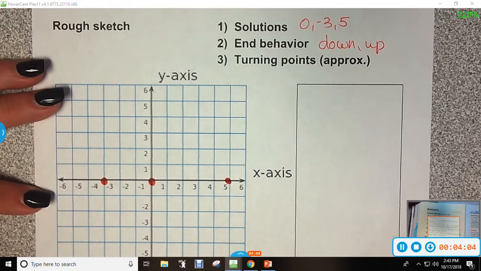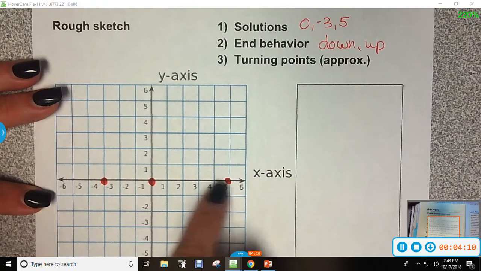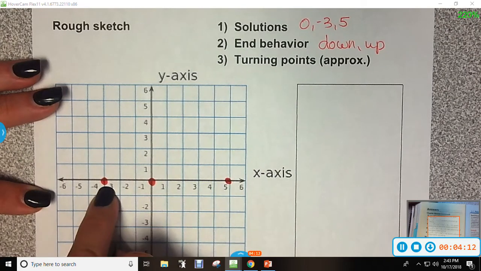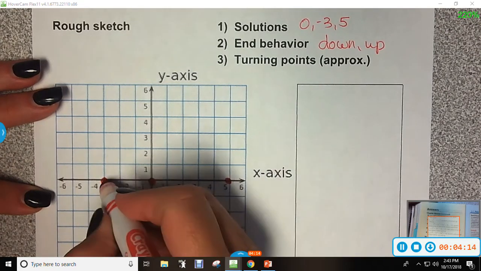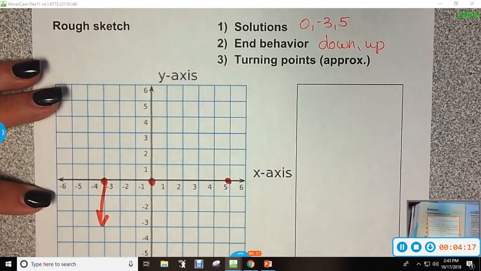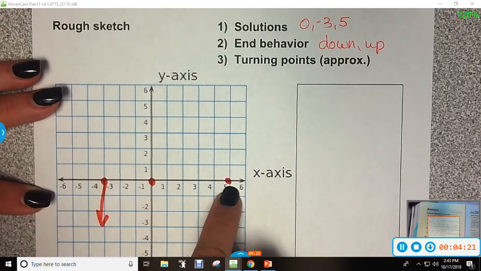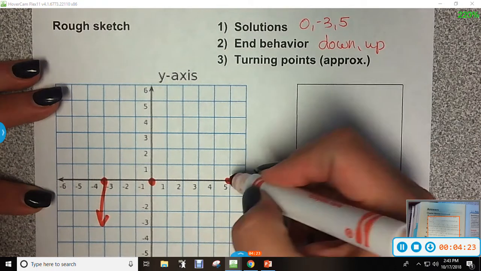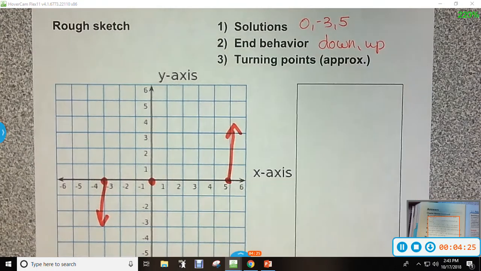Now I'm going to put my end behavior on. Okay, I know on the left side it has to point down. So go to that x-intercept as far on the left as you can, and from there it's got to go down. The right side has to go up, so go to that x-intercept on the right side, and my graph goes up from there. That much I know for sure.